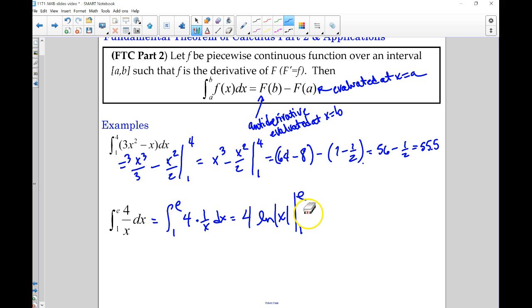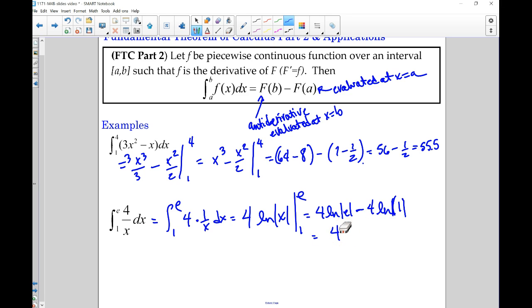Now I can do the evaluation. This is equal to 4 natural log of the absolute value of e minus 4 natural log of the absolute value of 1. ln of e is 1, so this is just 4, and then natural log of 1 is 0, so the answer is just 4.